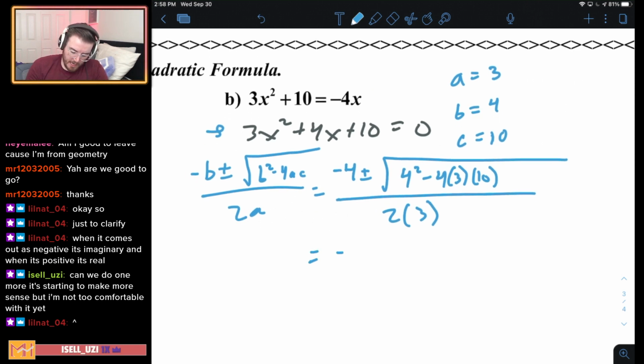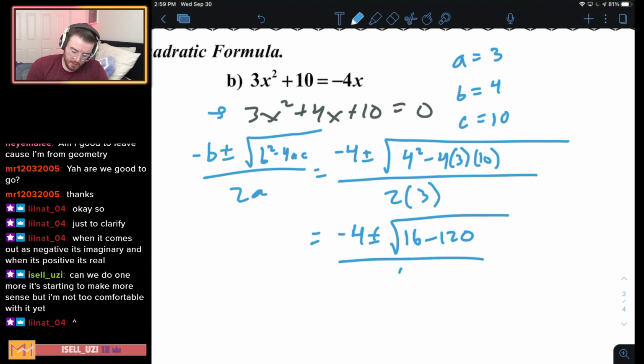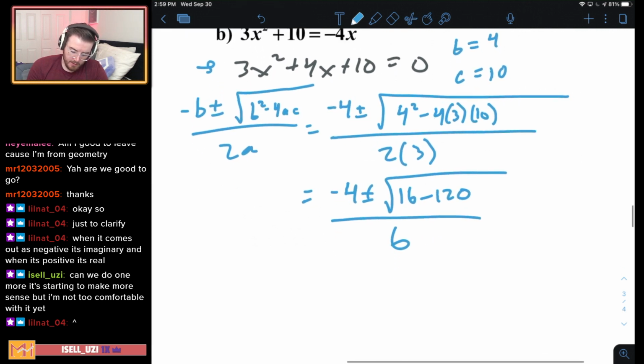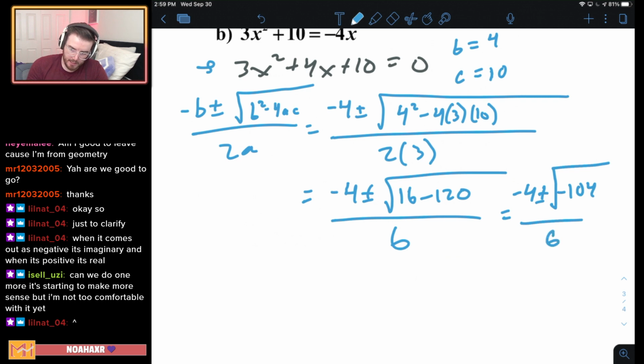So I've got negative 4 plus or minus the square root of 4 squared is 16. 4 times 3 is 12. 12 times 10 is 120. So minus 120 all over 6, which turns out to be negative 4 plus or minus the square root of 16 minus 120. Do it in your head, plug into a calculator, you get negative 104 all over 6.